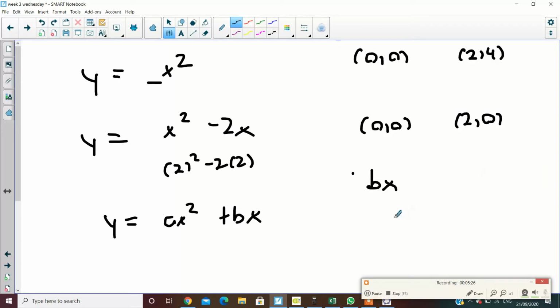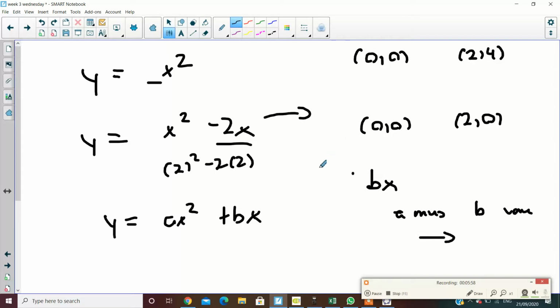A minus bx value will do what? What does the minus b value do? Shifts it to the right.